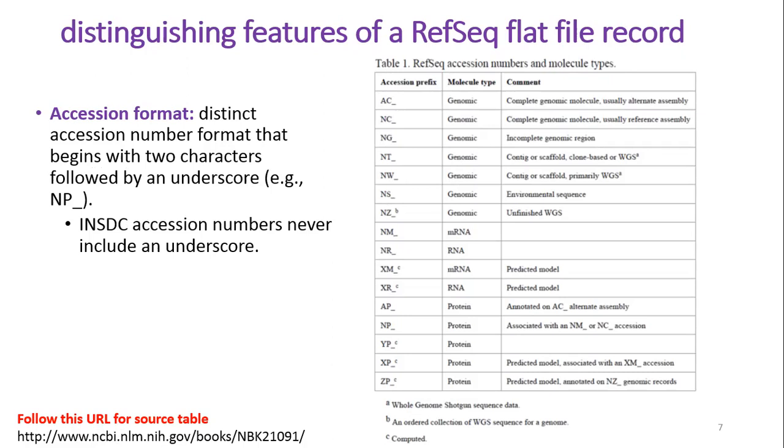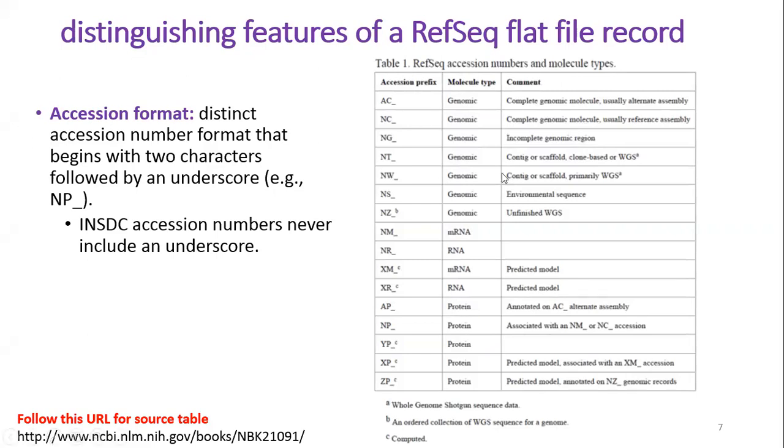We will talk about that in a little while, but for the time being, you can easily identify, based on the accession prefix itself, what kind of molecule type the flat file record belongs to.